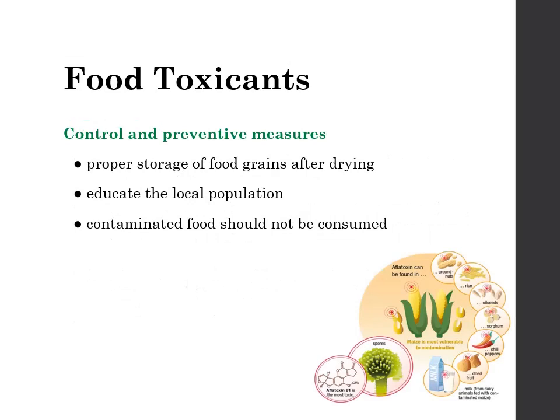Control and preventive measures of aflatoxin include proper storage of food grains after drying. Moisture content should be kept below 10%. Health education of the population is necessary. If the food is contaminated, they must not consume it.